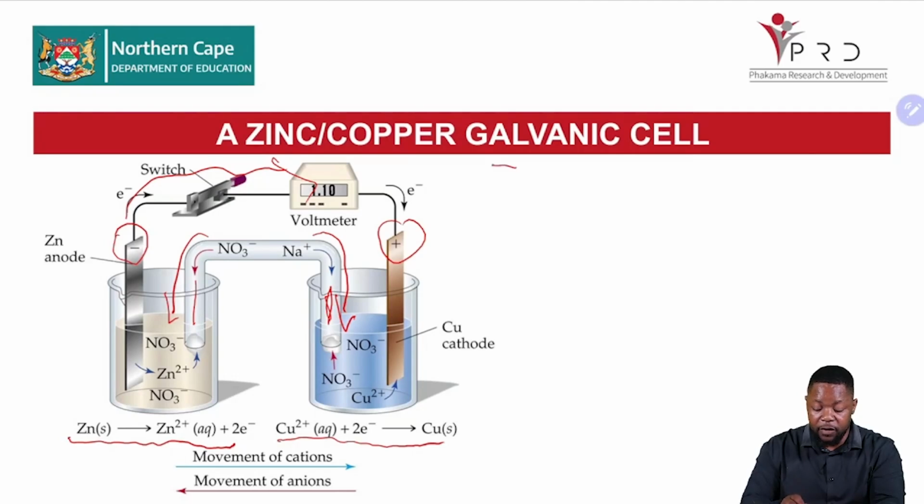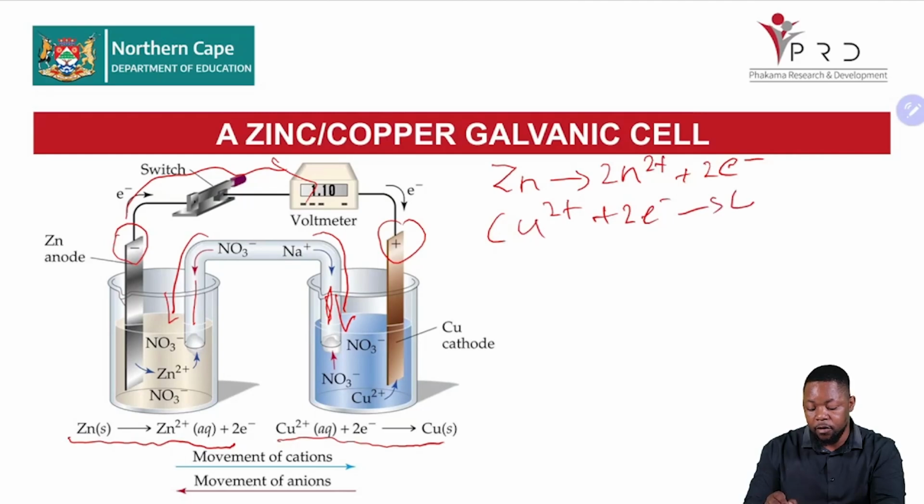The oxidation half reaction that we have here is zinc changing to Zn2+ with 2 electrons. Note that we use one arrow there, and we also have the copper ions gaining 2 electrons to form copper, which is a solid.